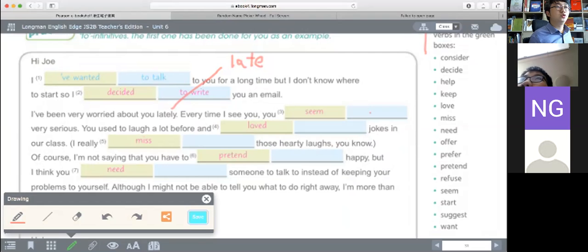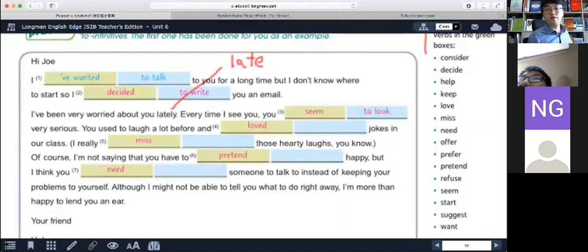You seem to look very serious. You seem to look very serious. You cannot say you seem looking very serious because you can only use to after seem, but not verb plus ing. And then you used to laugh a lot before and loved.